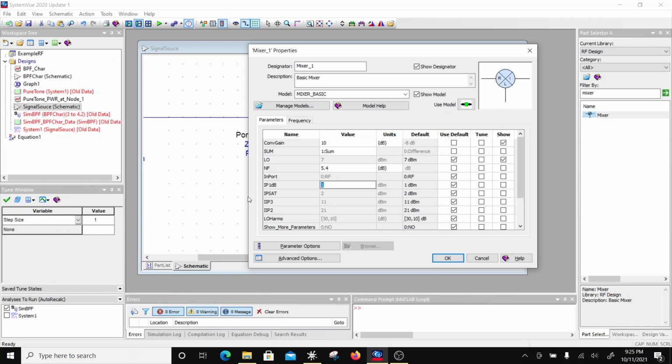So that number comes from there. Now let's say that this has a gain of 10 dB. That means once you put in minus 50, you are going to get minus 40 at the output of the mixer.